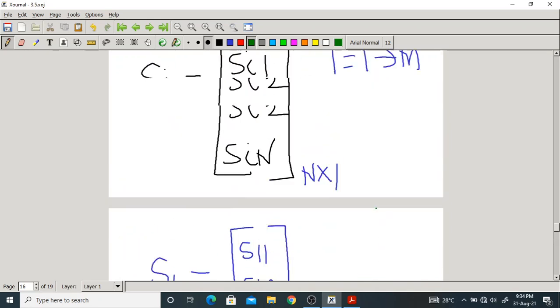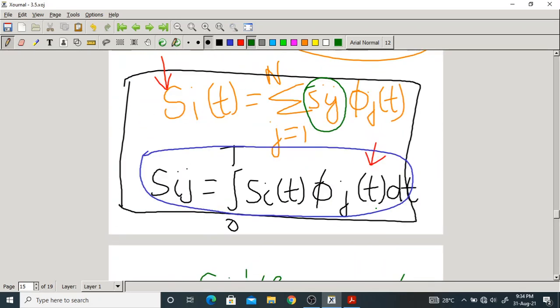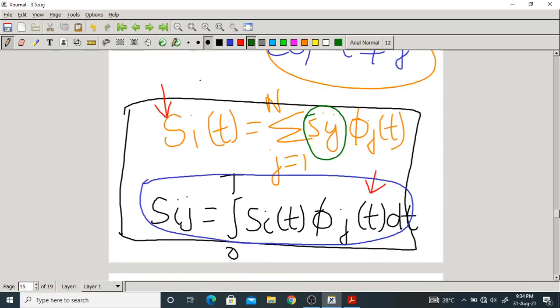Okay. So what are they actually? We are representing these two equations. This is a synthesizer. This is the analyzer. In this, keep j equal to 1. What will happen? Si1 equals the integral from 0 to T of Si of t phi 1 of t. Keep j equal to 2, and obviously you get the second one, and so on.